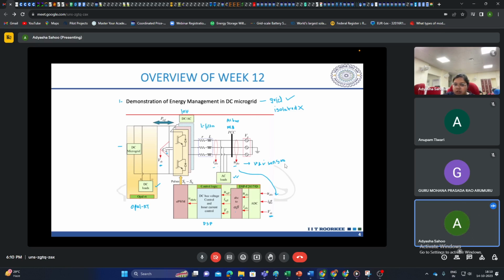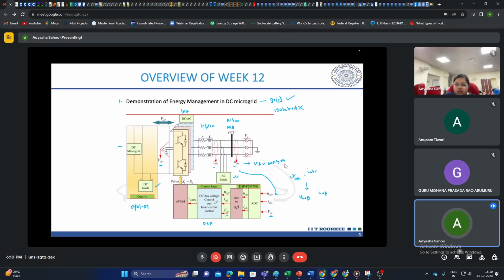The AC VABC and IABC, using the Clarke transformation, are converted into the alpha beta frame, and VDC is as it is. You can see VDC.